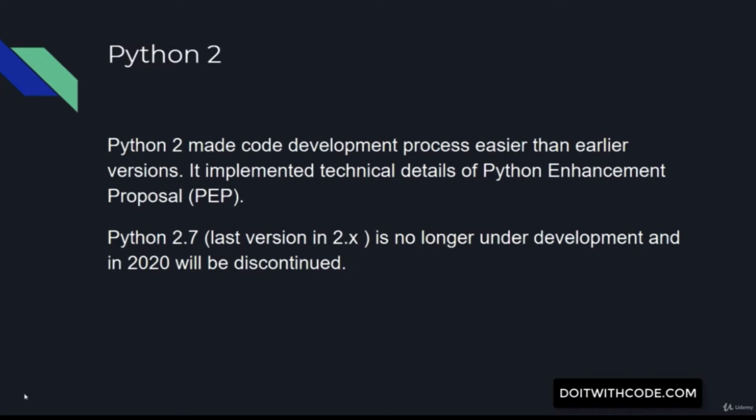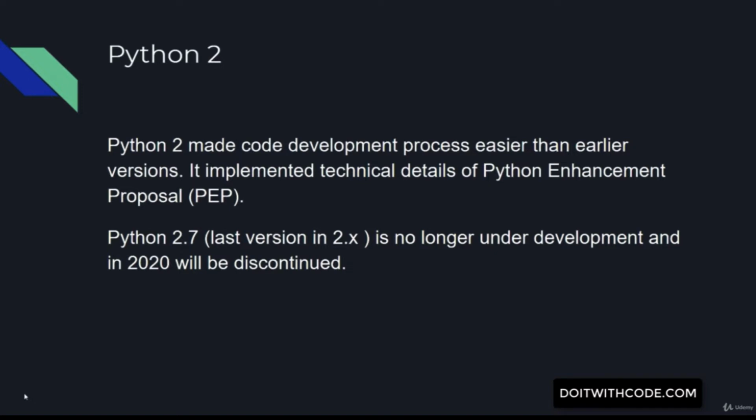Python 2 made the core development process easier than earlier versions. The implementation was a lot easier than in Python 1, and it implemented the technical details of the Python Enhancement Proposal documents.